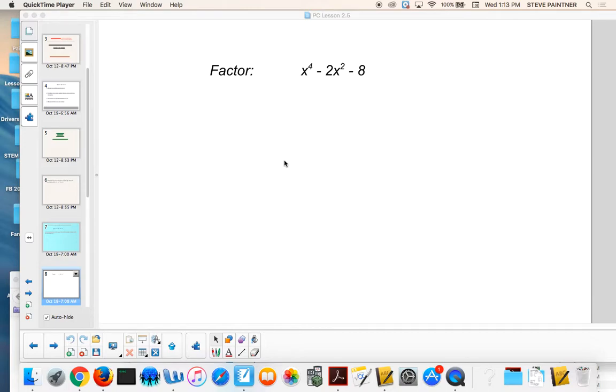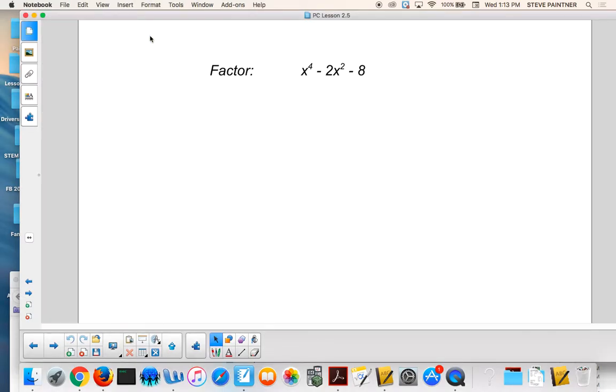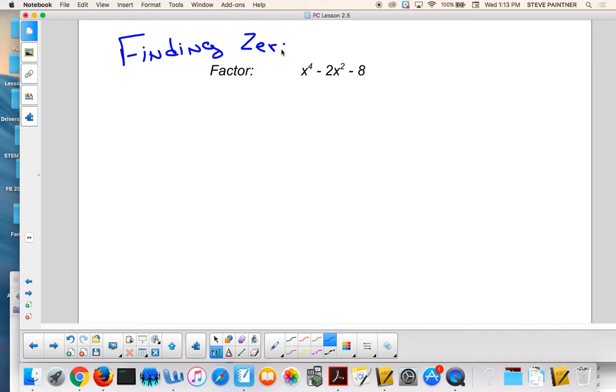We left off with this one. We were finding the zeros, correct? When we found them yesterday, we used a method. What was the method to find your zeros yesterday?